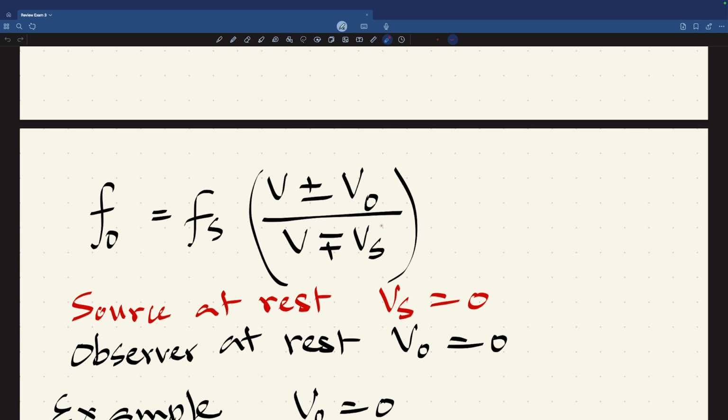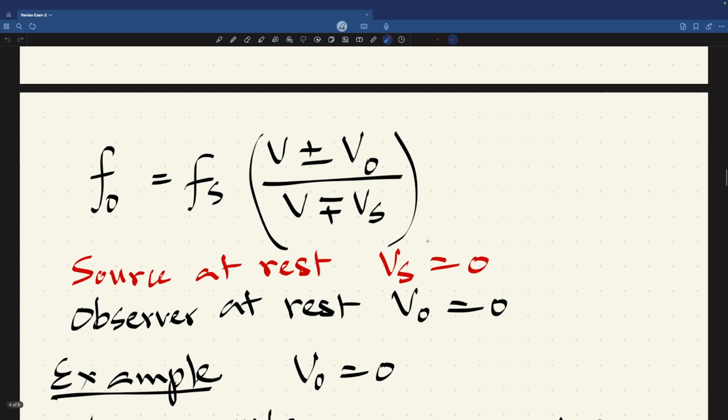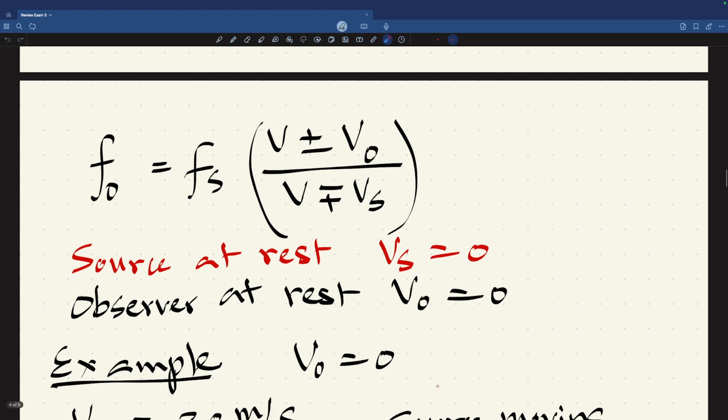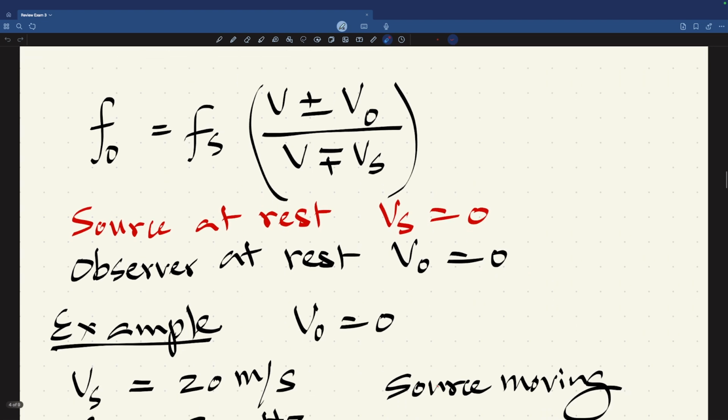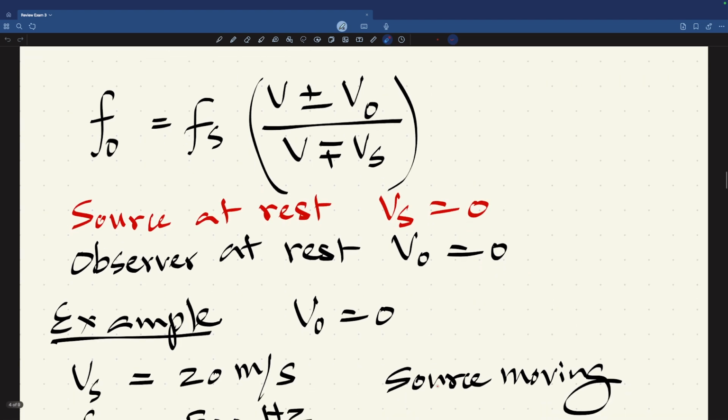So read that. This is the formula. You need to determine if you're going to use plus or minus. And that depends on how the source is moving. So as an example, if the observer is at rest, okay, so V sub O is 0. And then let's say that the source is moving away.